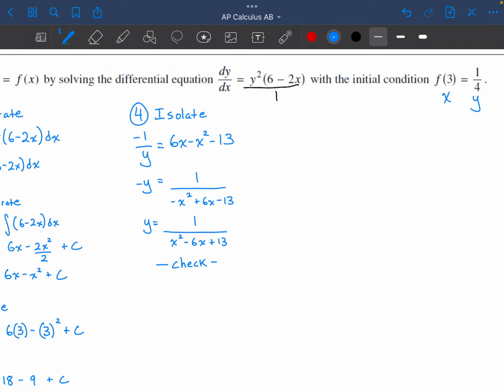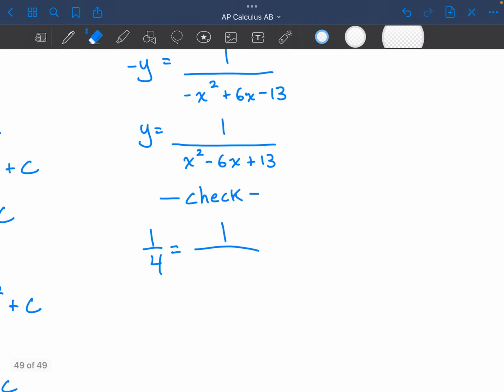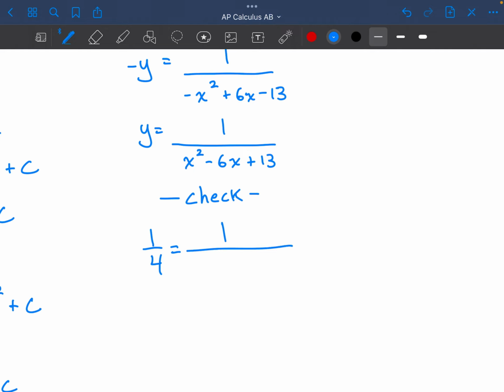Theoretically I should get 1/4 for y. That's going to be equal to 1 over, in the place of x, change that into a 3. 1 over 3 squared minus 6 times 3 plus 13.